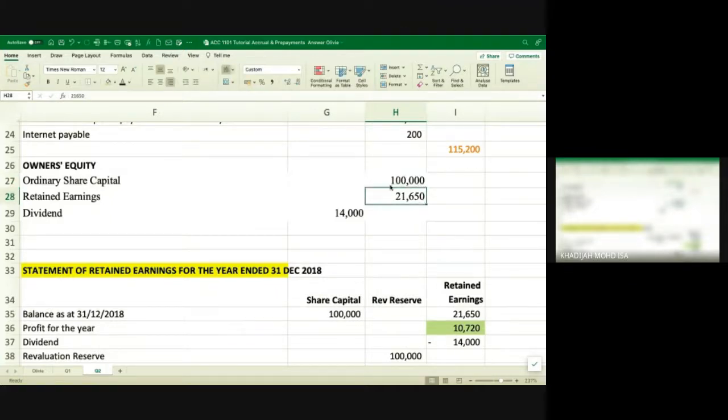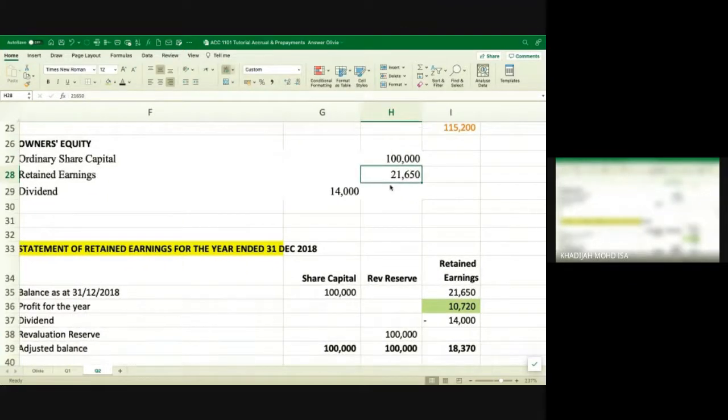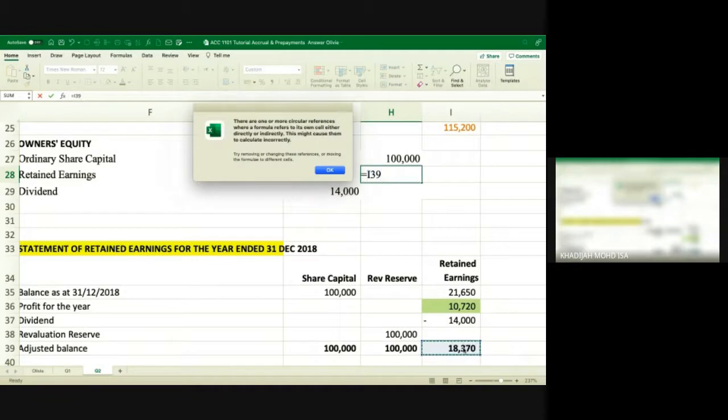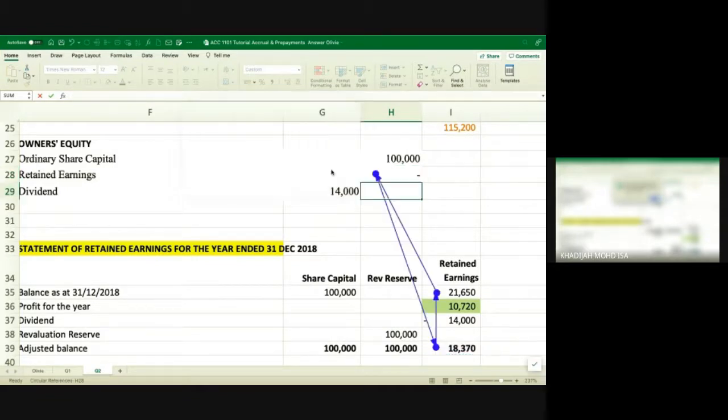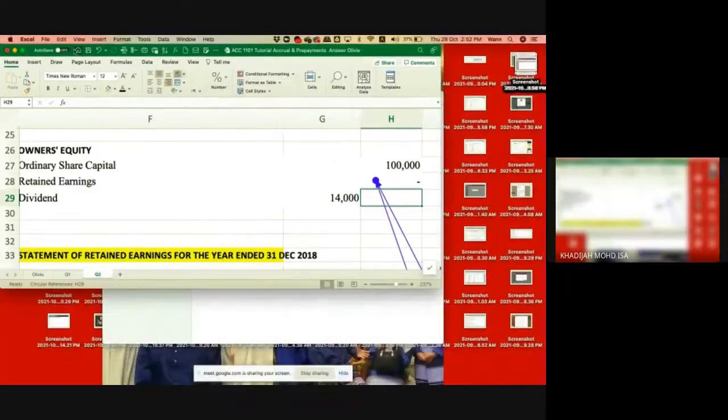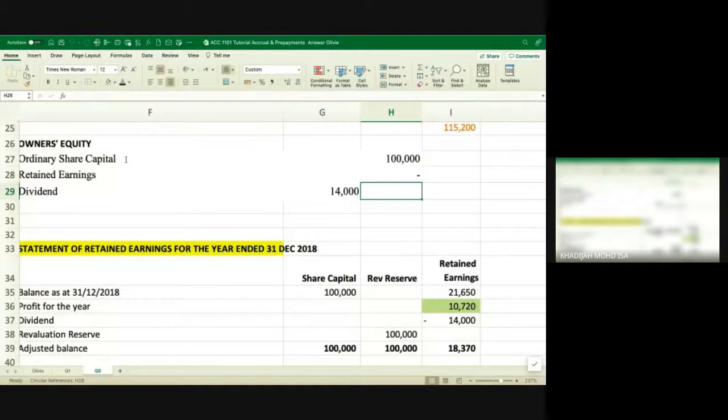And what is my retained earnings? This figure plus this figure. Cannot either. I cannot take that figure. I do not know why.